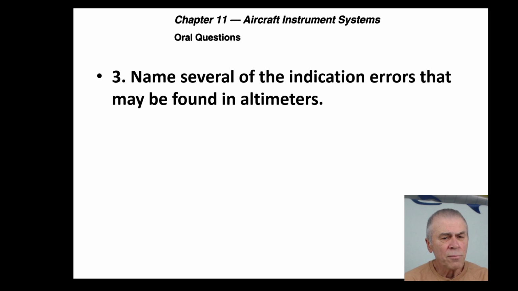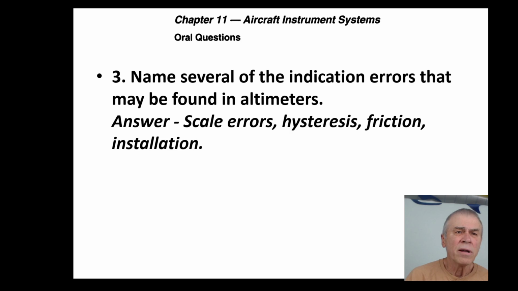There was scale error, a barometric scale error, I believe there was one for case leak, and one I think was called After Effect. Let's see what they say here. Scale errors, hysteresis, friction, and installation errors. Something to review.